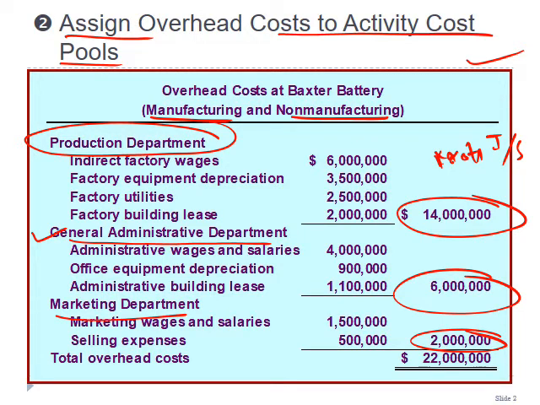So we can say that our total overhead cost is 22 million. That is the information the Baxter company provided for their manufacturing and non-manufacturing costs.